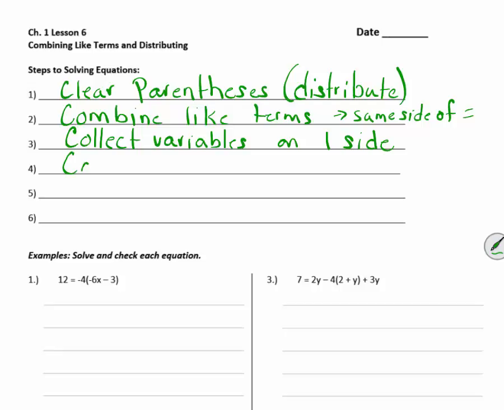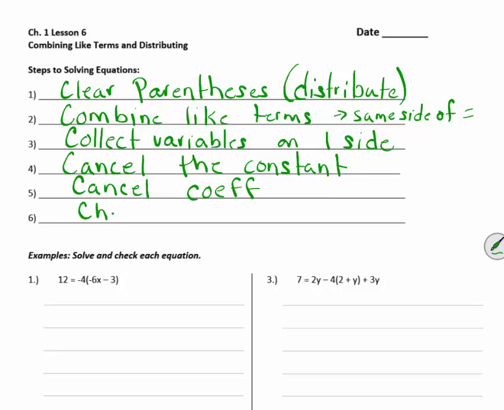Then we cancel our constant. Then we cancel the coefficient. And then we check, and we talked about yesterday how we can do that check on our calculators to make it a little bit easier for us.